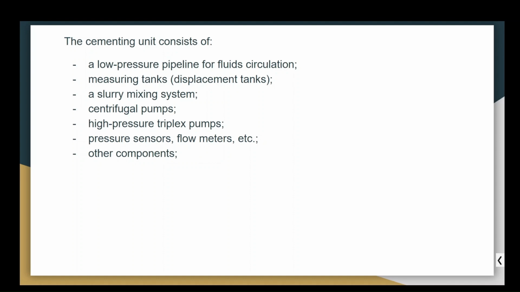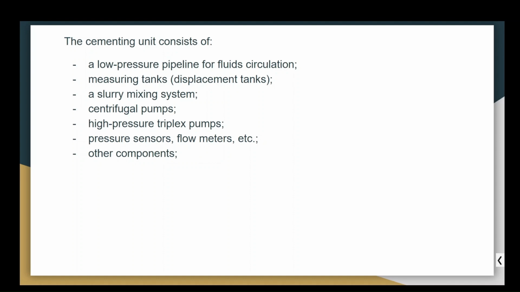These pumps are used to circulate all fluids within the cement unit. High pressure triplex pumps of positive displacement displace our cement slurry at high pressure, from the high pressure line to the well with a cementing head.